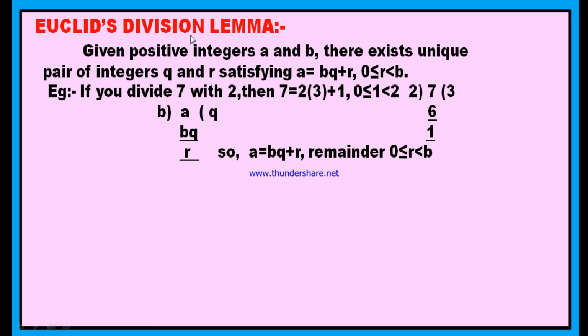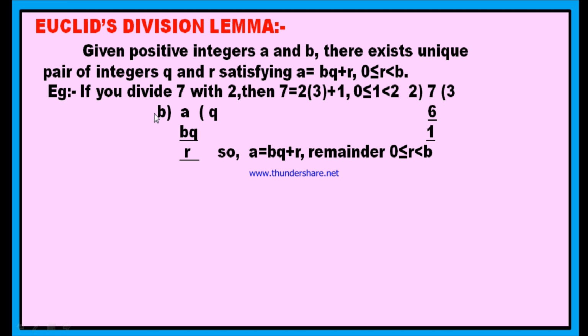This is Euclid's division lemma. Now, if you look at the statement, there are two integers a and b, where a is greater than b. Since a is greater than b, you can divide a with b. If we divide a with b, then there may be some quotient. Let us name the quotient as q. And there may be some remainder. Let us take the remainder as r.